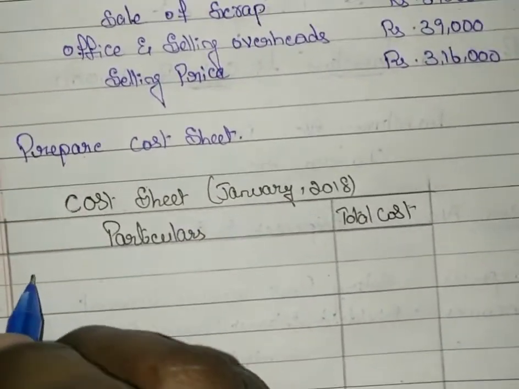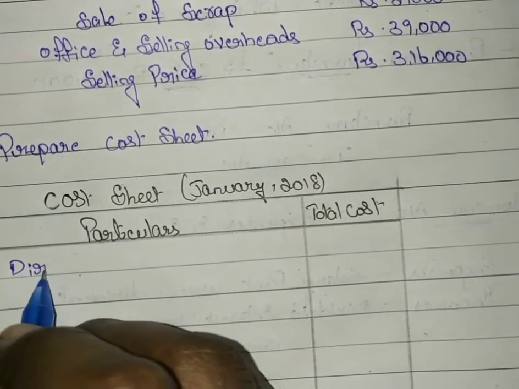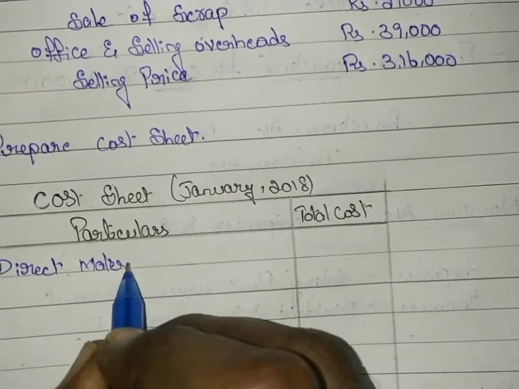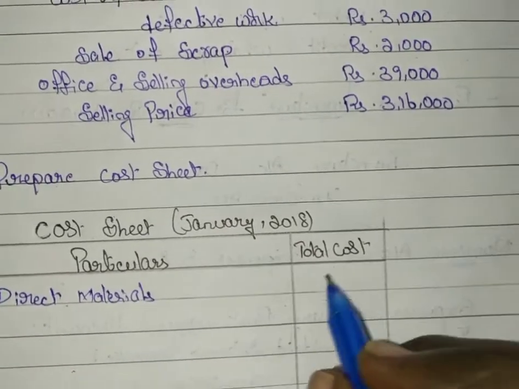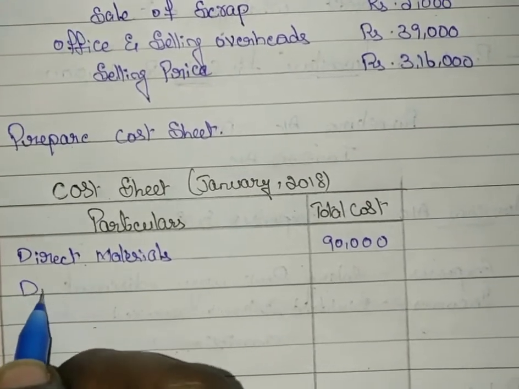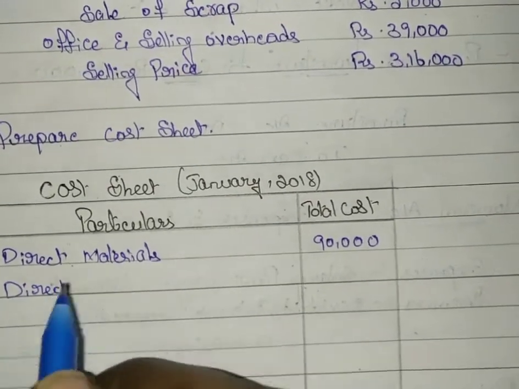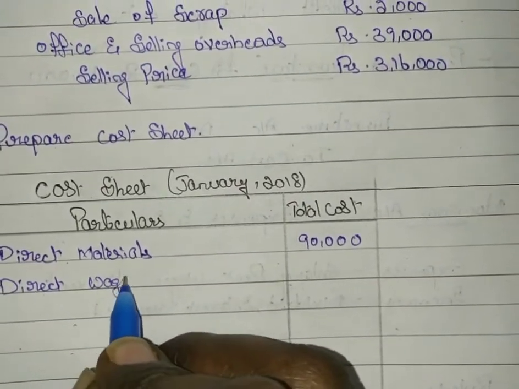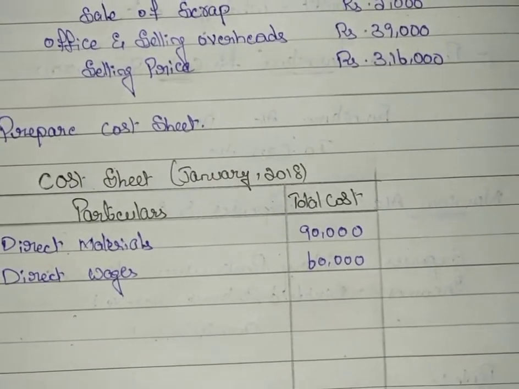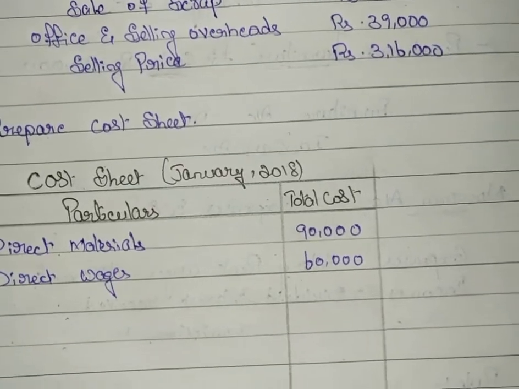First record direct materials, amount is 90,000 rupees, and next direct wages, 60,000 rupees. If you have direct expenses, then you would add them.